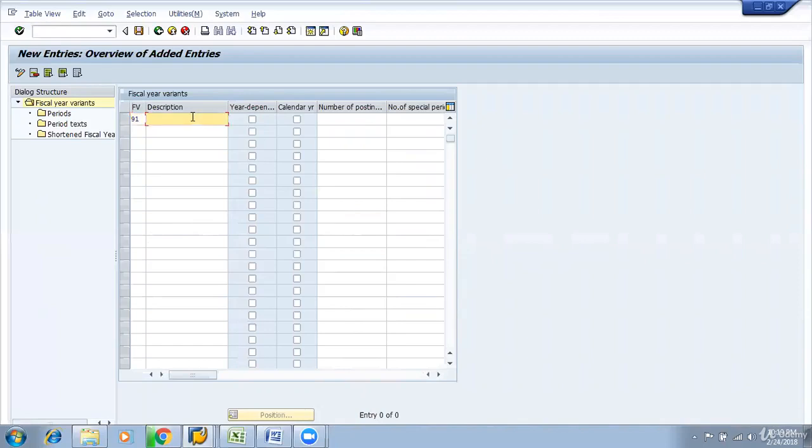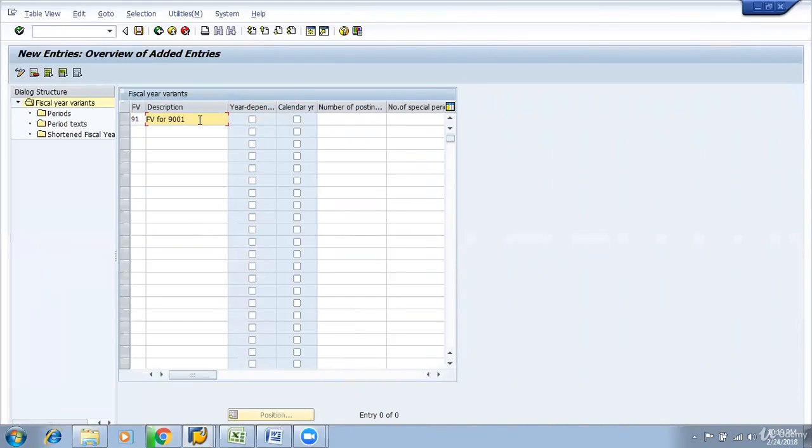Let's go to description. I would say fiscal year variant for 9001. Well, many students ask me, what do we put in description? Now, it's common sense.